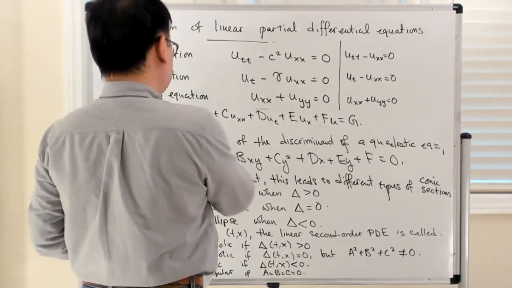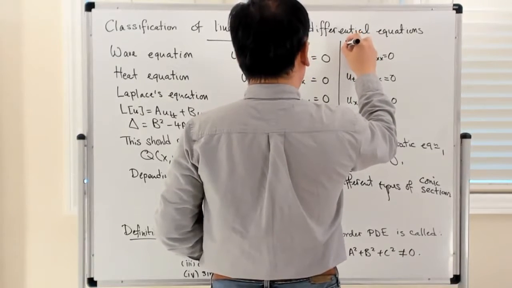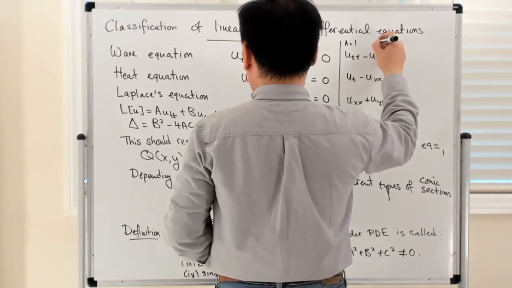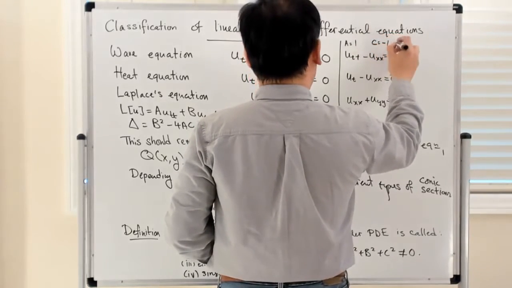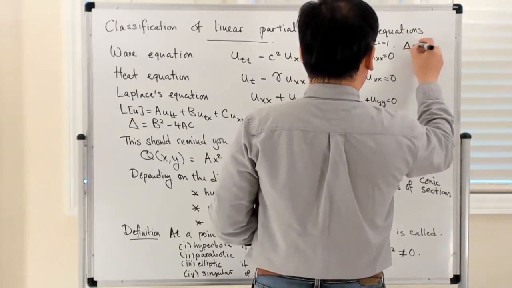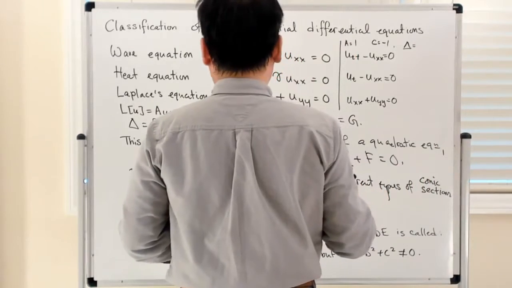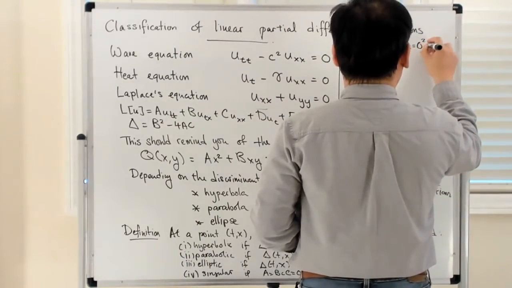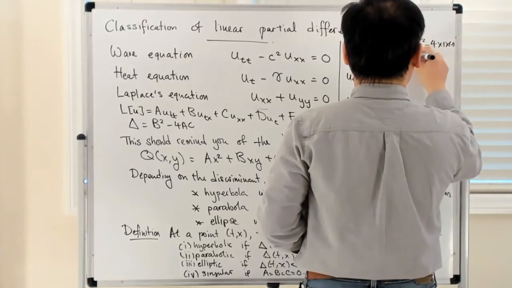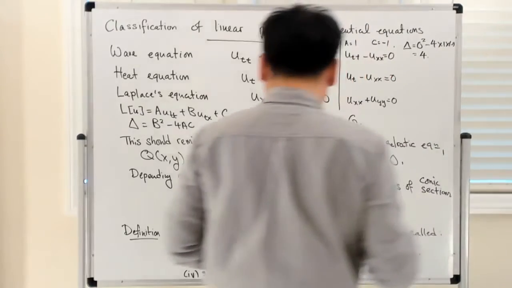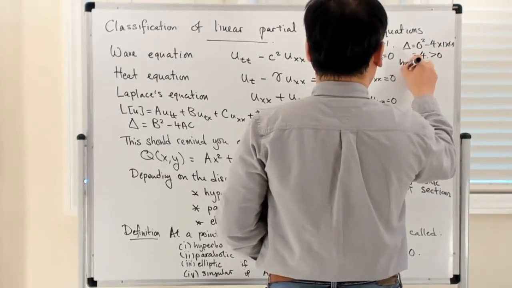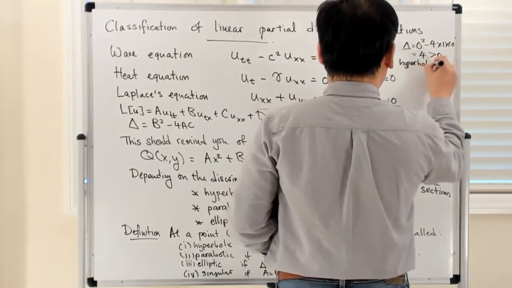The utt term is a, so a is equal to 1, and uxx is c, c equals -1. So delta, which is b squared, b is 0, so 0 squared minus 4 times 1 times -1 is equal to 4. 4 is greater than 0, so this is hyperbolic, which is what we had before.